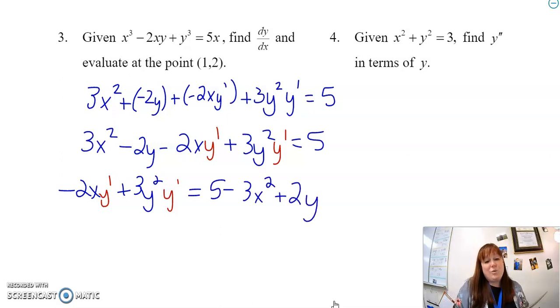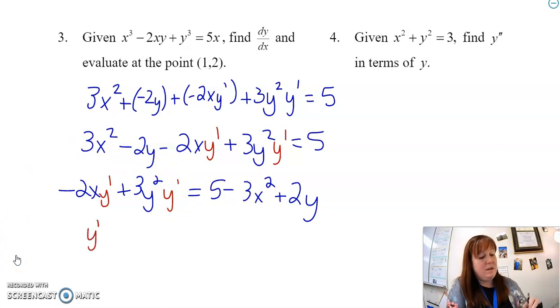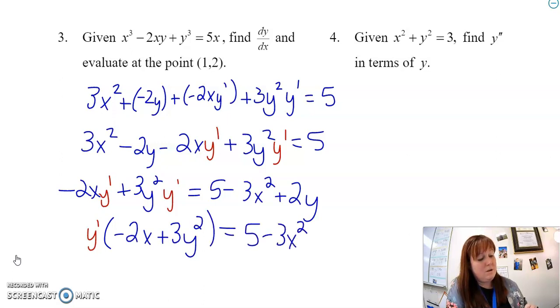All right, and then how do I get that y prime by itself? Well, I just need to reverse the distributive property, bring this outside the parentheses. So I bring my y prime outside, and what do I have left over? I have negative 2x plus 3y squared equals 5 minus 3x squared plus 2y.